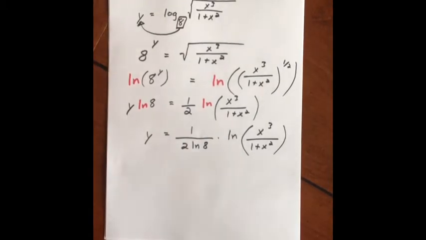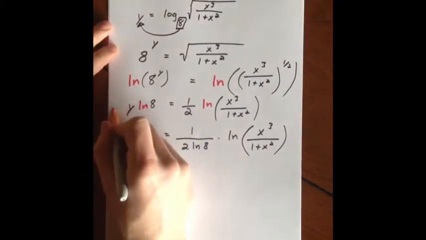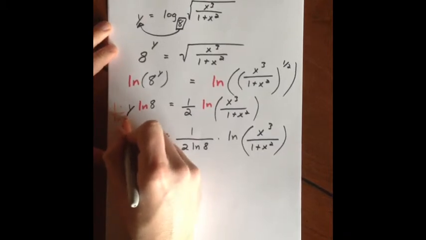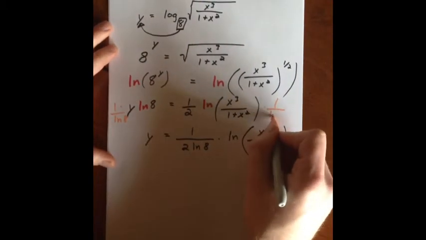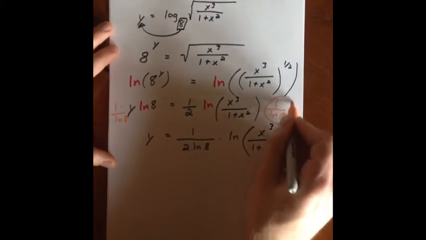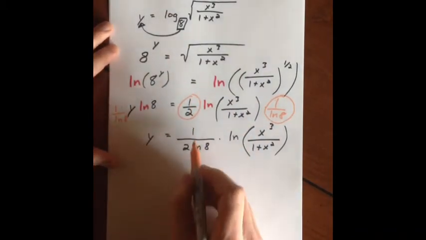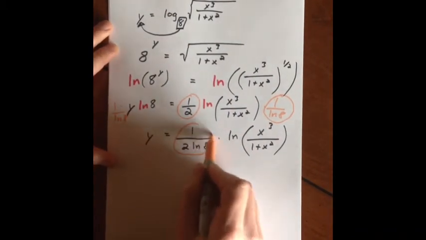I'm not trying to trick you. I just multiplied both sides there by 1 over natural log of 8. And then I combined this fraction with this fraction to produce this one here.